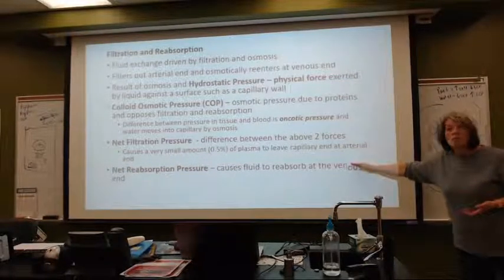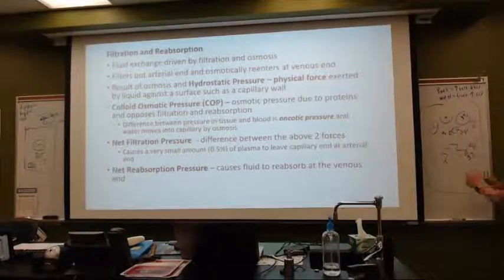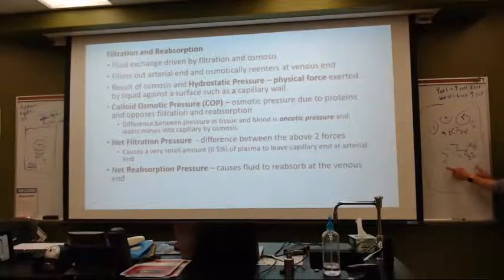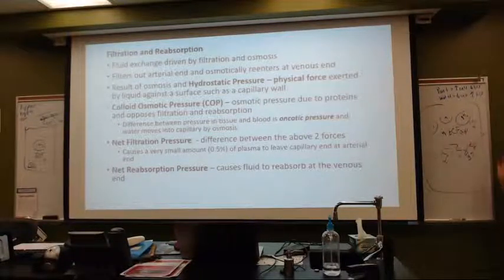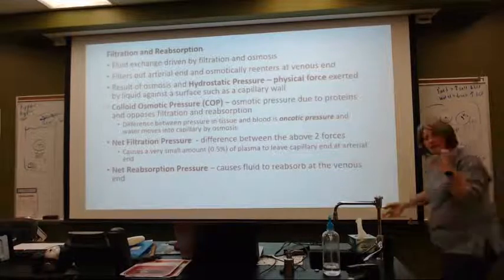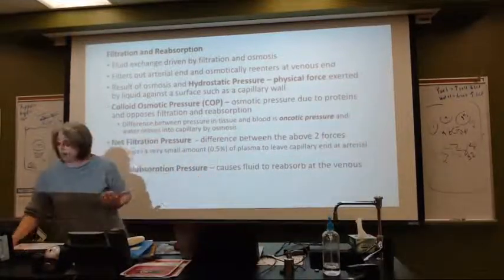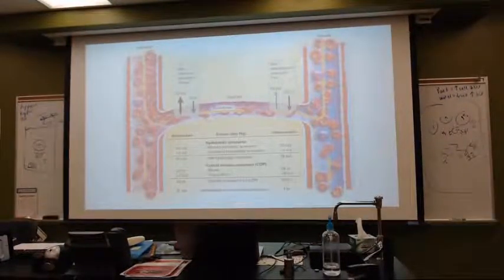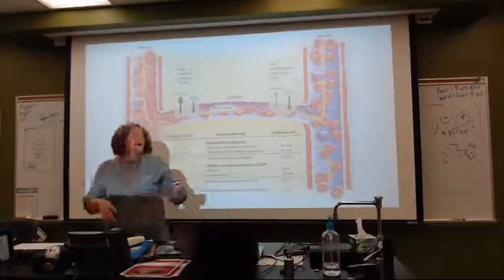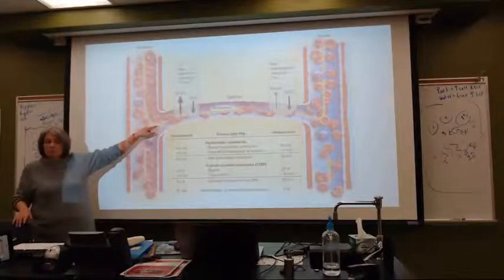And then what happens based upon these pressures that get created right here, this is how we're going to end up pushing material out or bringing materials in. Got a picture because we've talked about it there. So on my arterial end, I'm going to have my little bit of blood pressure.